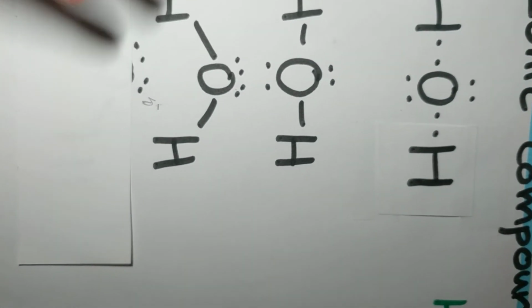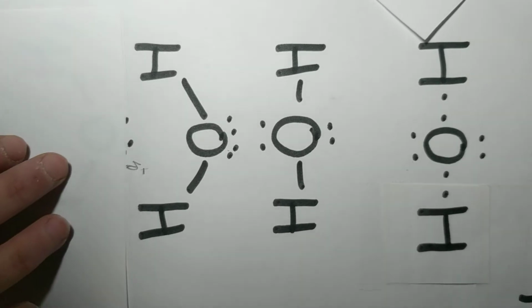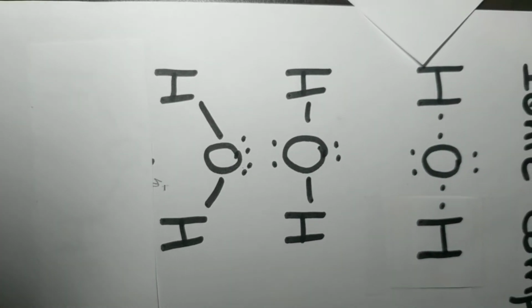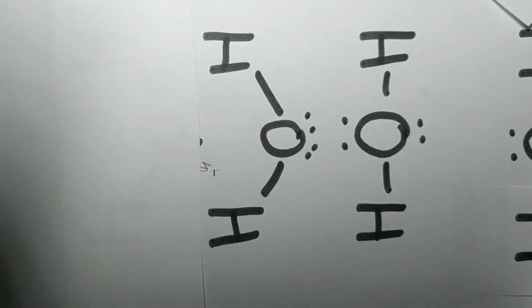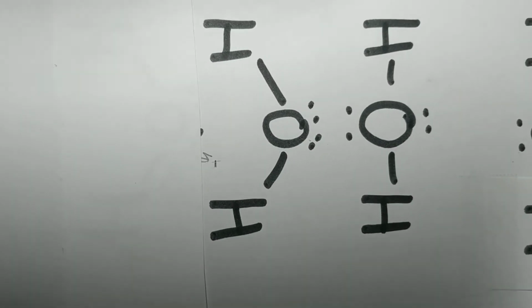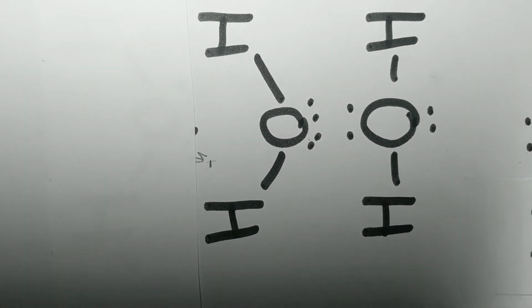Okay, the next thing we need to do is show the shape. Here, H2O is actually bent because we know that electrons are negatively charged. So electrons are repelled by other electrons, but the degree of repulsion is different.